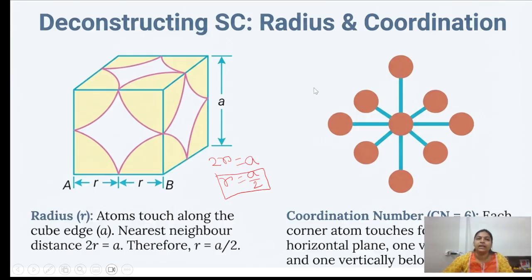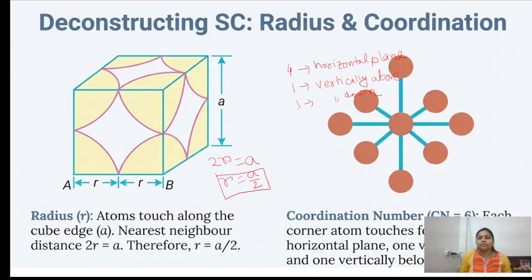That is, 4 atoms in the horizontal plane, and 2 atoms, one vertically above and one vertically below.